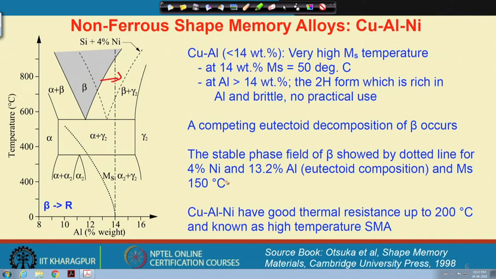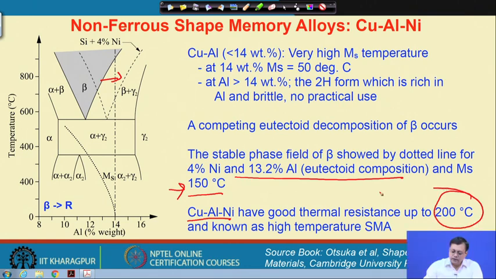It retards the eutectoid decomposition, and we can obtain an MS temperature of around 150 degrees centigrade. This copper aluminum nickel system is very good, because the MS temperature is quite high and we can use it as a high temperature shape memory alloy.